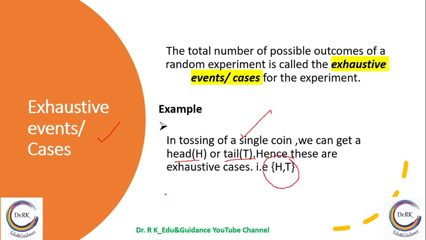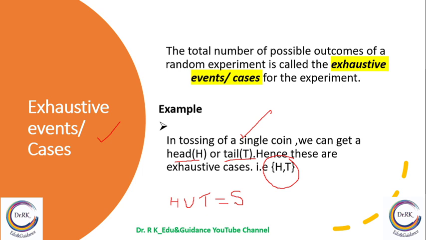In another way, if we take all these events, H union T, then we have to get the whole sample space.